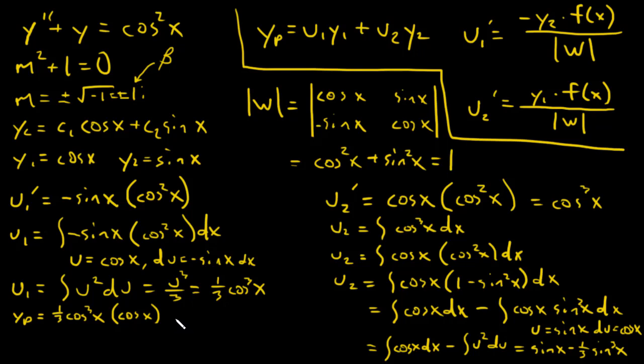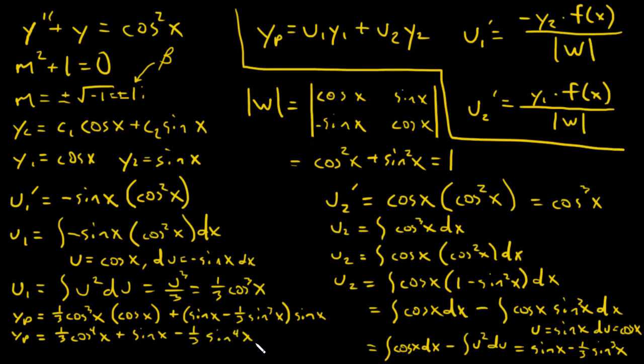And then I'm going to have plus u2, which is down here: sine x minus 1/3 sine cubed x times y2, which is sine x. So my y sub p is going to equal 1/3 cosine to the 4th x plus sine x minus 1/3 sine to the 4th x.